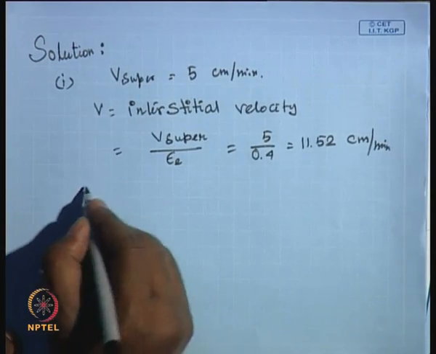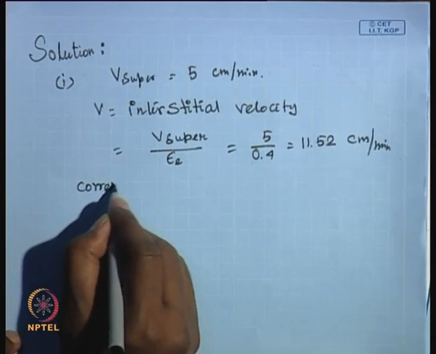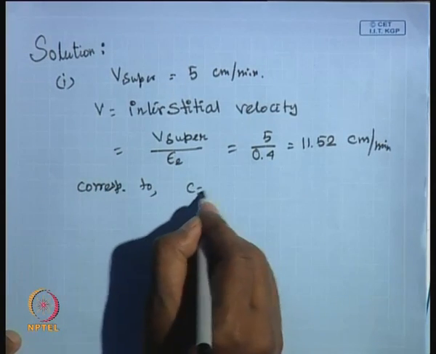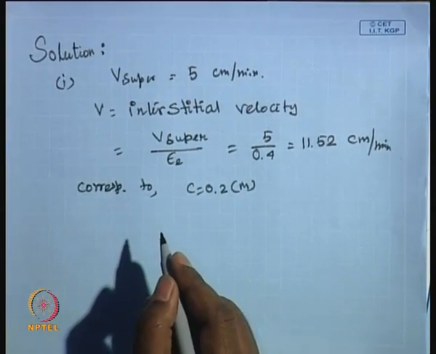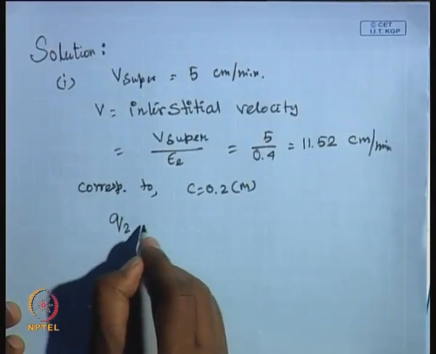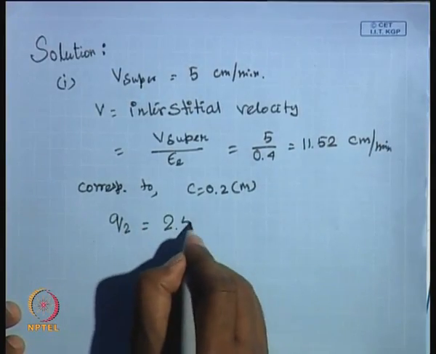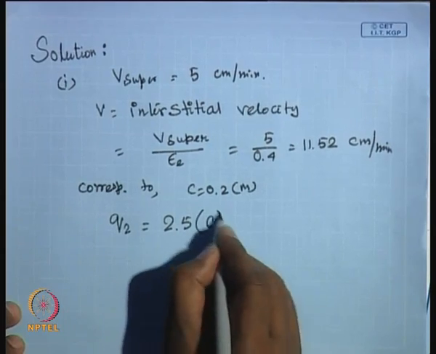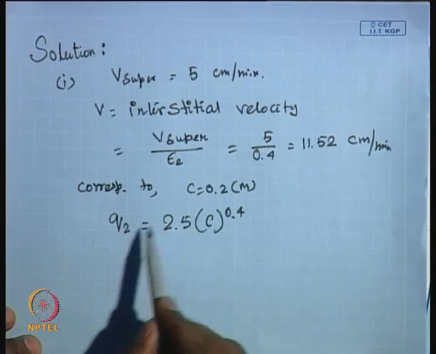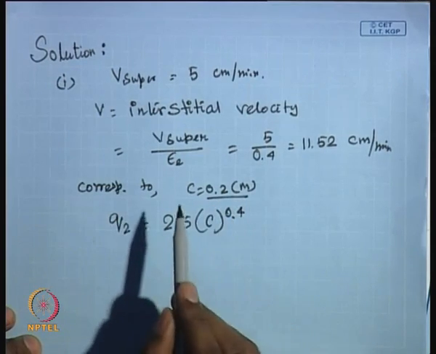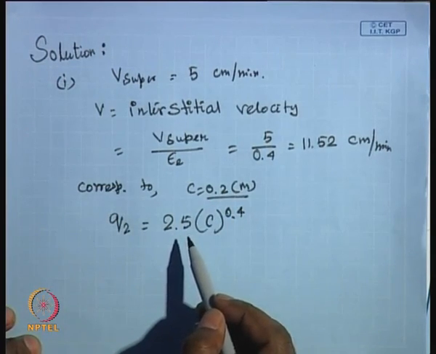Now, corresponding to C equal to 0.2 molar, if you would like to find out the amount of solute that will be adsorbed within the solid phase, Q is given as 2.5 C raised to the power 0.4. So, we would like to find the value of Q corresponding to this concentration of the solute in the liquid phase.